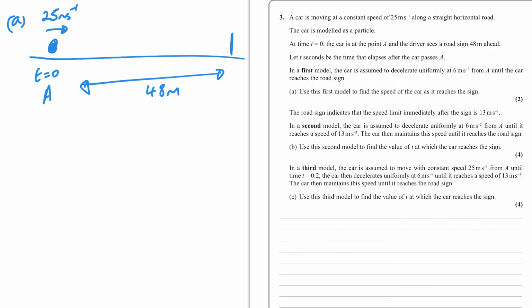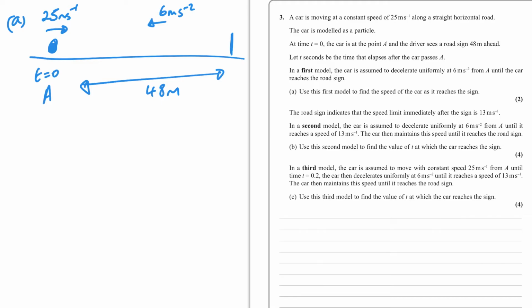So here we have first model, uniform deceleration of 6 meters per second squared until he reaches it. So now we need to find the speed of the car as it reaches the sign.